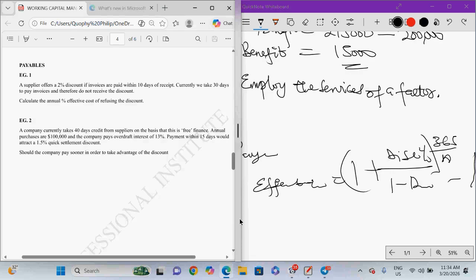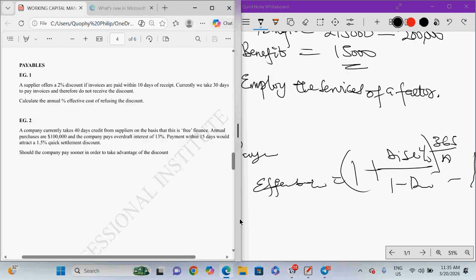You go and sell it and get your money before you later come and pay. Once you sell the inventory, you can invest the money in securities and get a return. So that is also a form of finance.